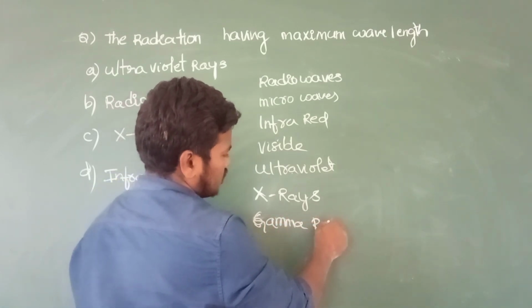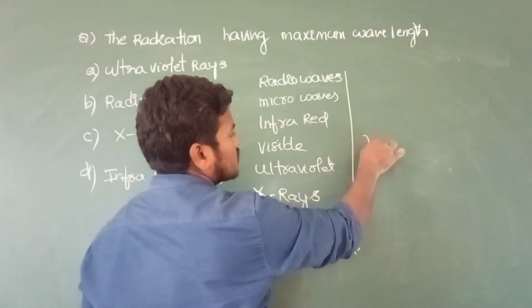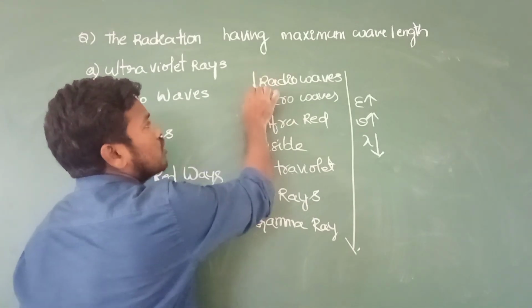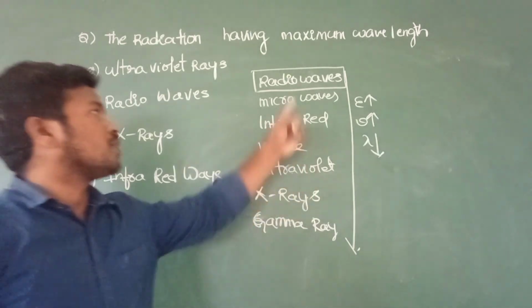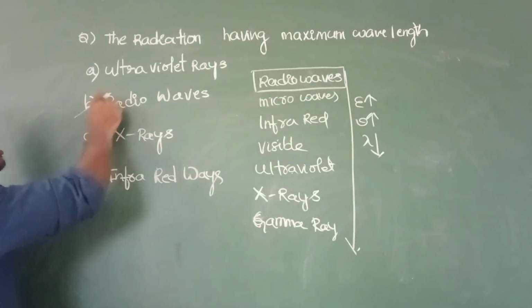From top to bottom, you can see that lambda is decreasing. Radio waves have the maximum wavelength. From here to here, the wavelength is decreasing. So from these options, you can say that option D is correct.